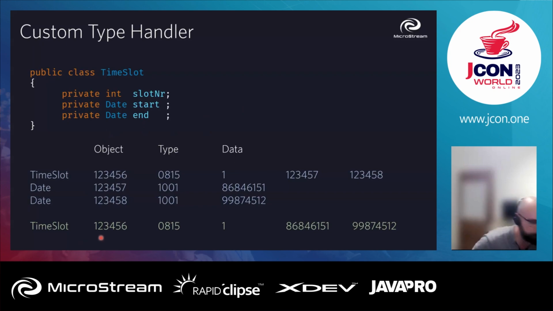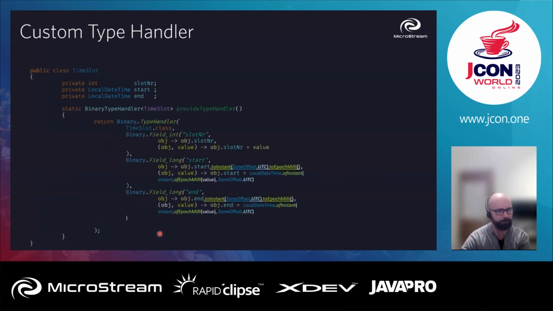All right, so how can we achieve that? There are two ways to write type handlers. The first one is, if you own the source of the object, just add a static method to the type, which returns a type handler, and the engine will recognize this automatically and assign this type handler to the time slot class.